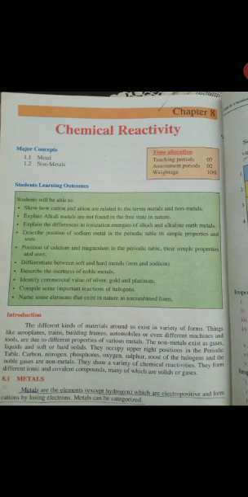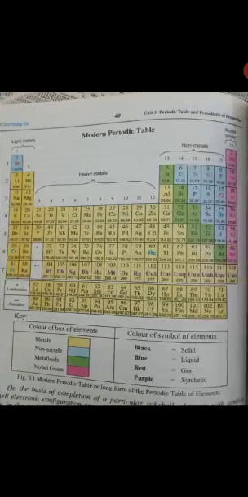This is your chemistry class, and today we will start chapter number 8, chemical reactivity, on page number 138. The major concepts of this chapter are based on metals and non-metals. Metals are found on the left side of the periodic table, while the non-metals are on the right side of the periodic table.